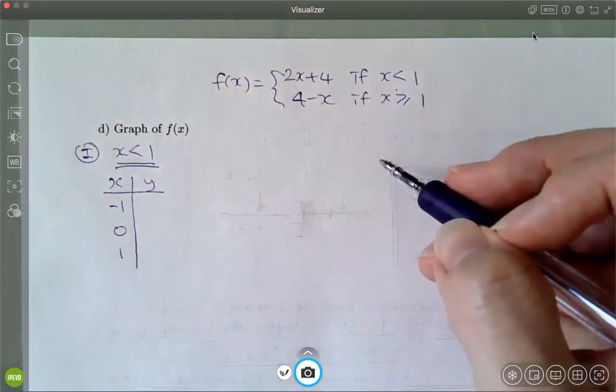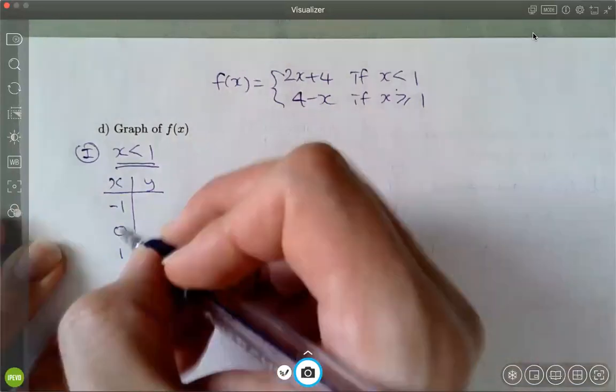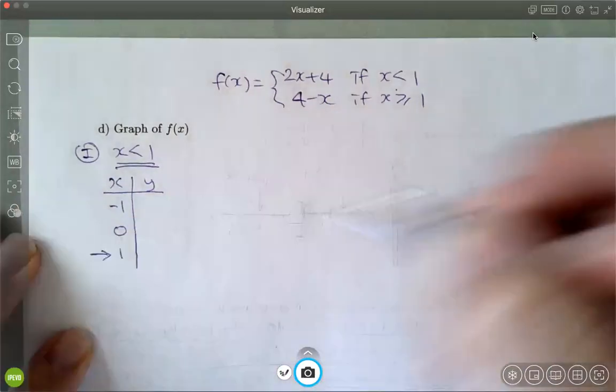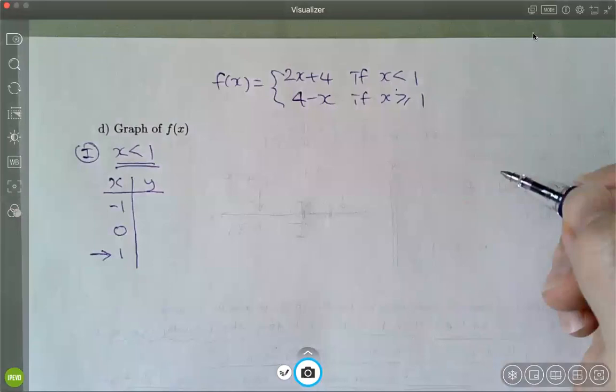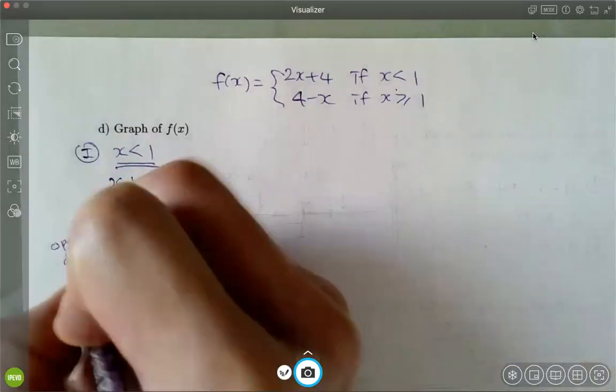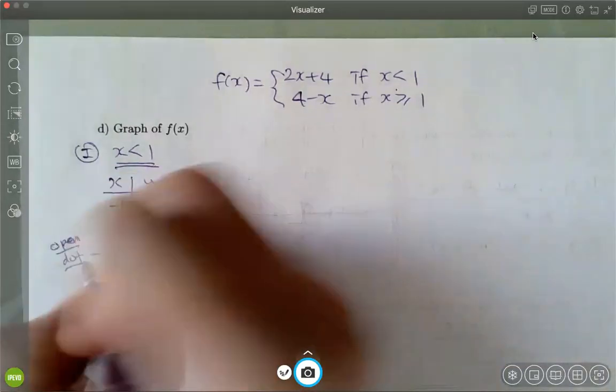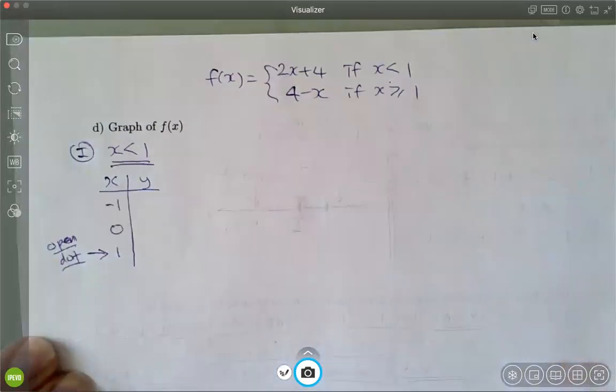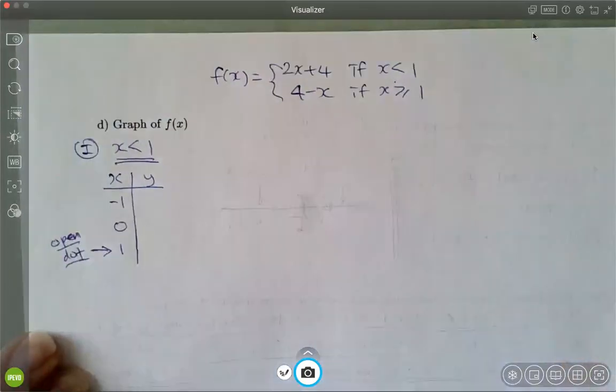And also, what kind of dot do we put at 1? Open, right? So at 1, we put an open circle.